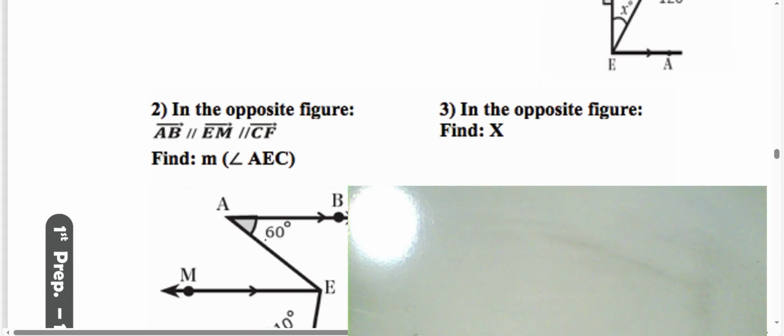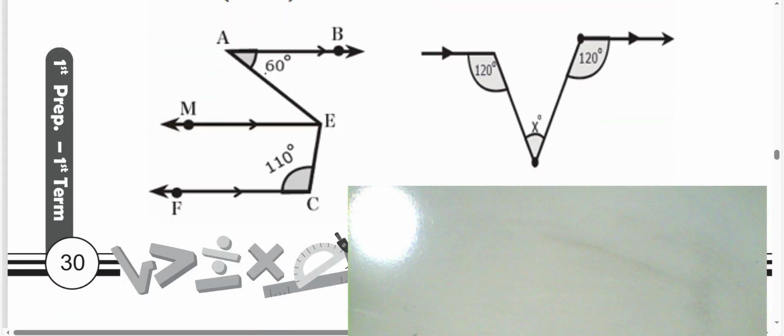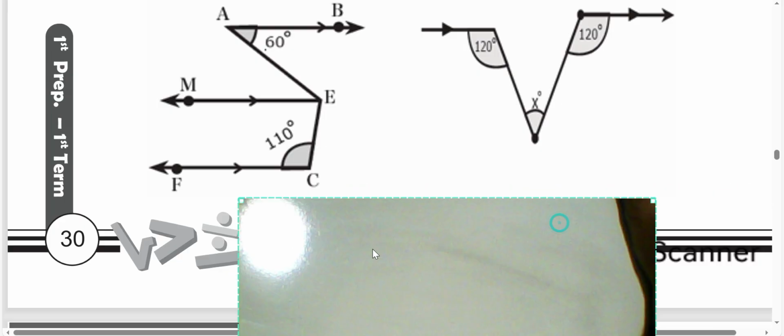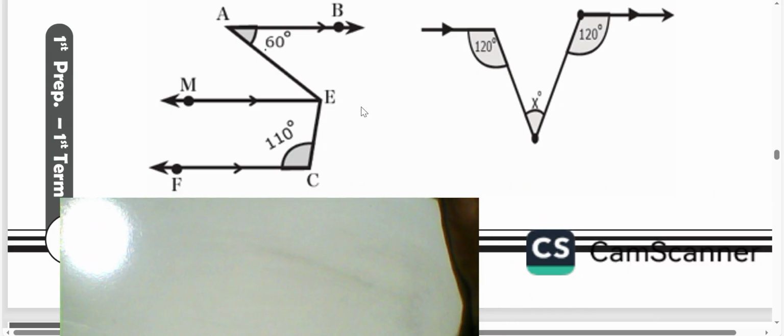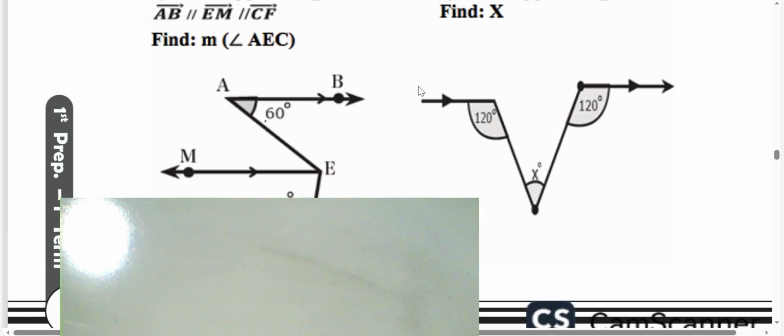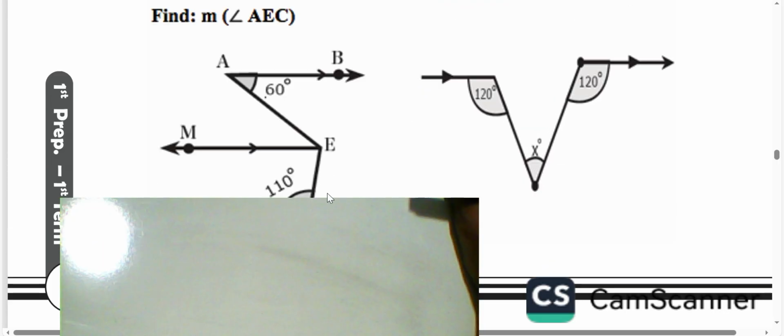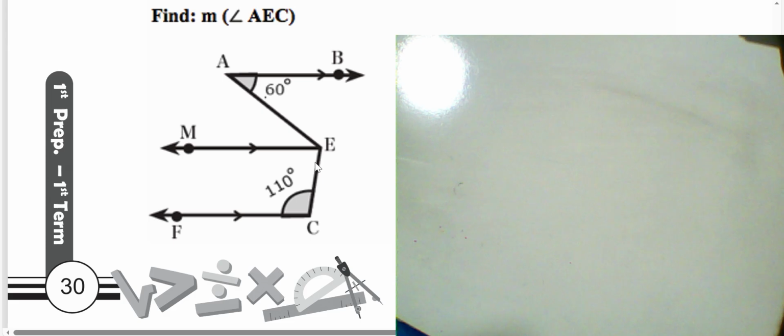Next question. In the opposite figure here, first we want to find the measure of angle E here. Look at here. This angle will be 70 and this angle is 60. Why 70? Because C plus E equals 180.